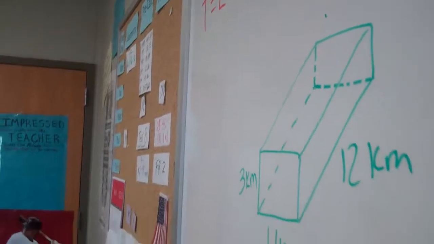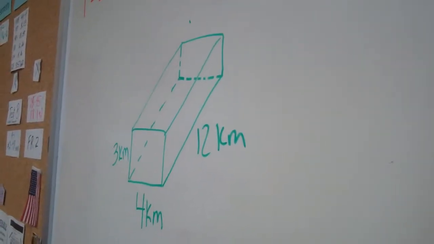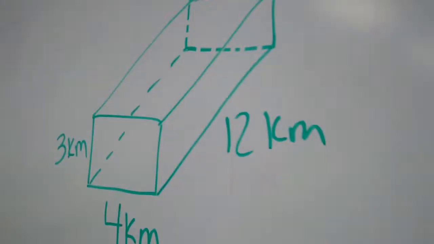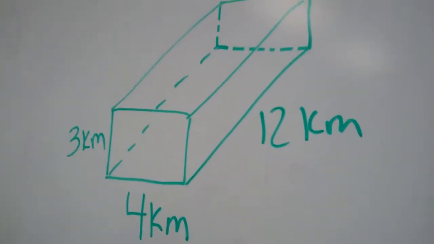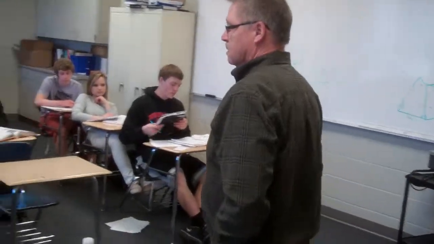Now let's start with the first problem. That'd be number 6, page 689. One of my assistants has already put the sketch up here. It's very nice. And we have to decide which sides are the bases.